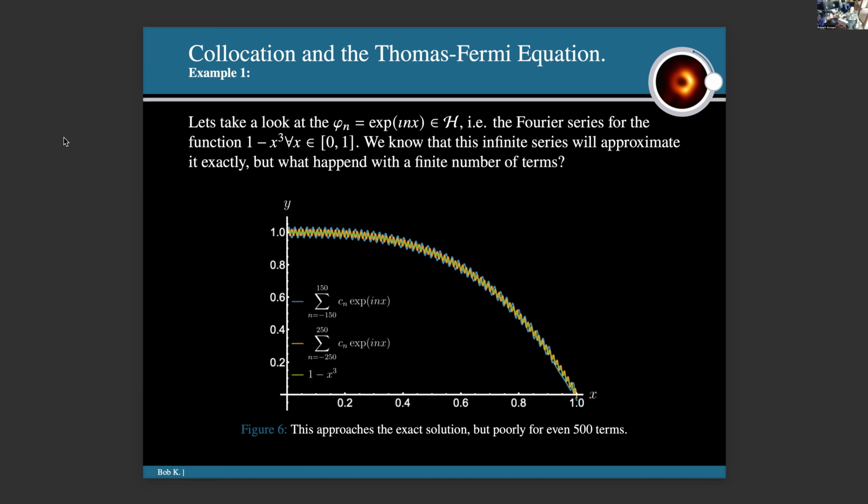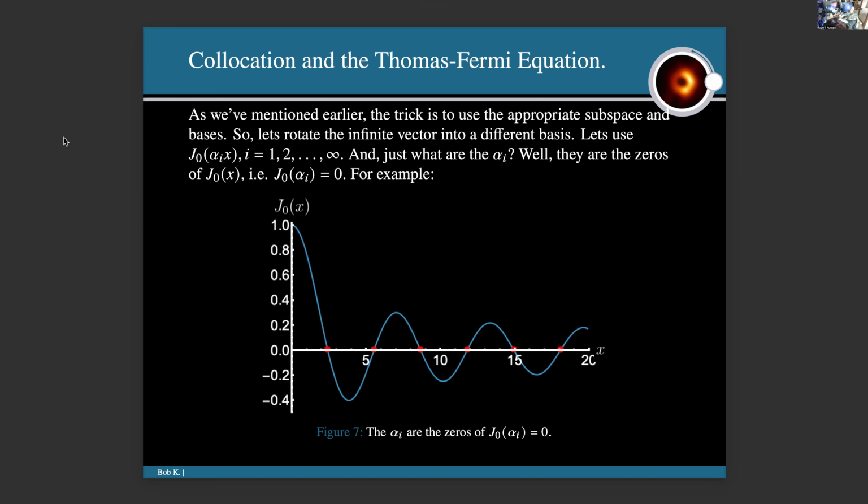We took a differential equation that is equivalent to 1 minus x cubed. And for ordinary Fourier series, it did not work very well at all. But if you choose Bessel 0 and you take a look at all of the infinite zeros of the Bessel function, you can choose a finite number of them.